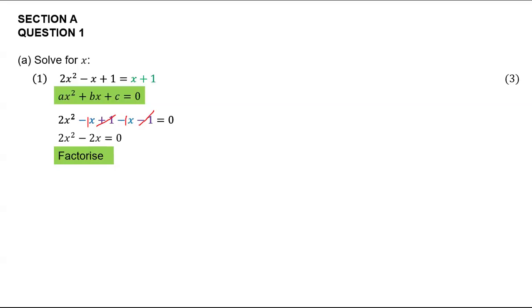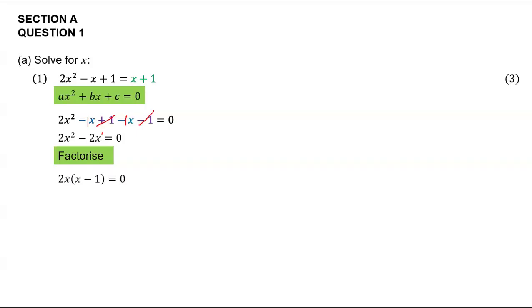Obviously, when it comes to the 2, I'll just take it out as a common factor. But when it comes to x, you only take the variable with the lowest exponent. The second term has the lowest exponent, which is 1, and that is what will be your highest common factor. So our highest common factor here will be 2x.